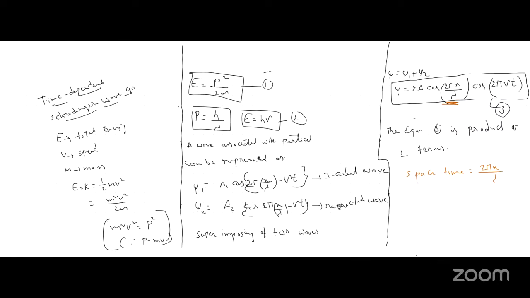The space term is 2 pi x by lambda, whereas the other term is the time term. The time term is 2 pi nu t.